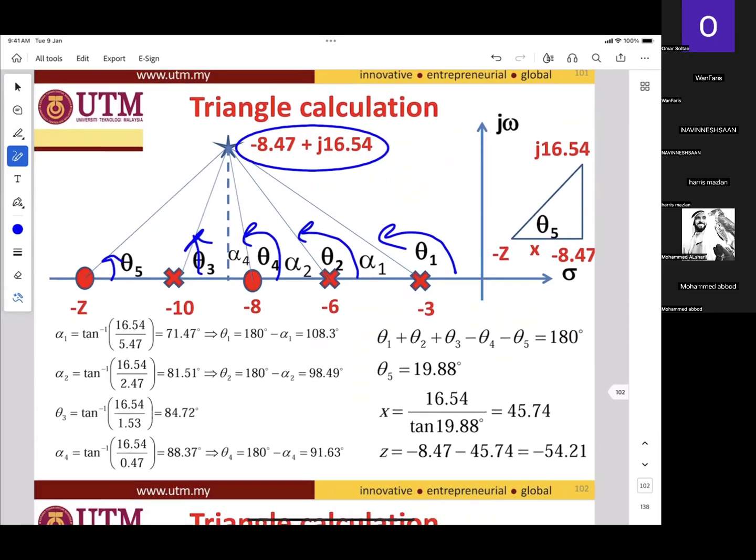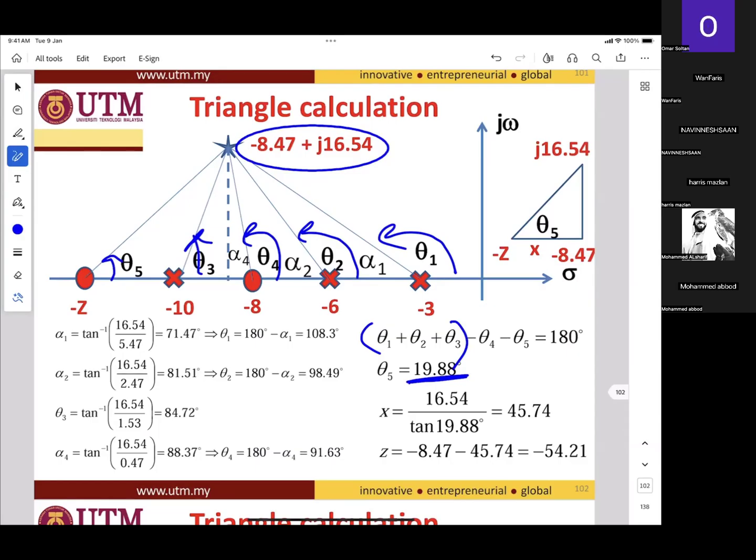Then use the angle criteria: theta 1, theta 2, theta 3 summation is the total of the angles due to the poles, and theta 4 plus theta 5 is the total of the angles due to the zeros. Then theta 5 is 19.88 degrees, which is the angle due to the new zero.